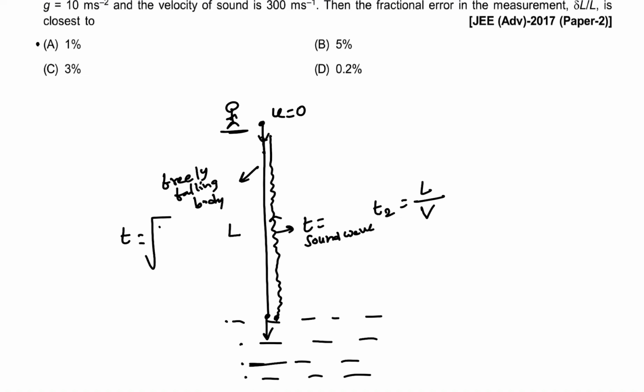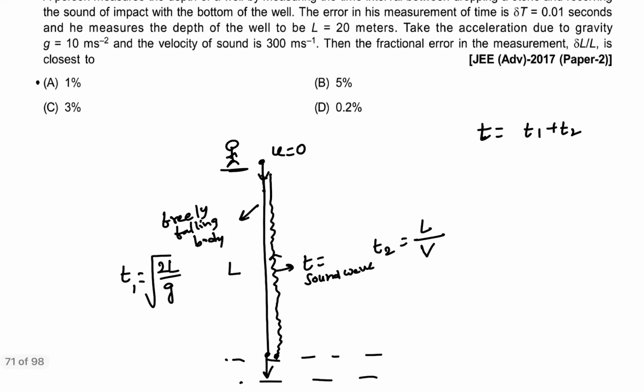As it is a freely falling body, you can write the time taken as root over 2h by g, here h is L. I take this as t1. So the total time taken, T, can be written as t1 plus t2. The capital T is given. T is root over 2L by g plus L divided by v.